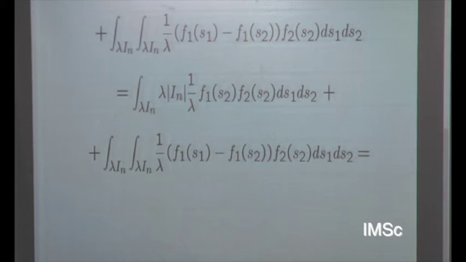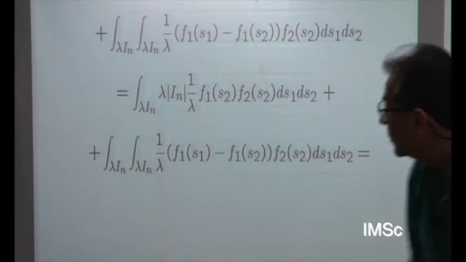Now notice that f1 of s2 is integrated over the two variables. And I am assuming that this has a measure less than a constant. We can take, for example, the Lebesgue measure of each I_n equal to 1 as a condition.